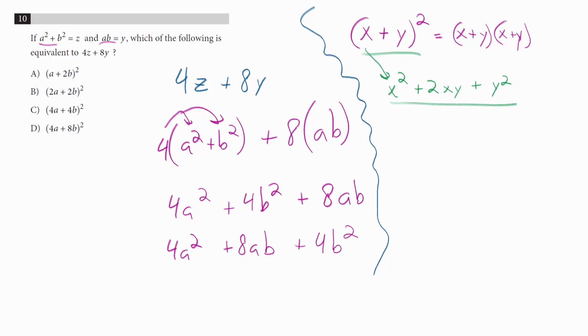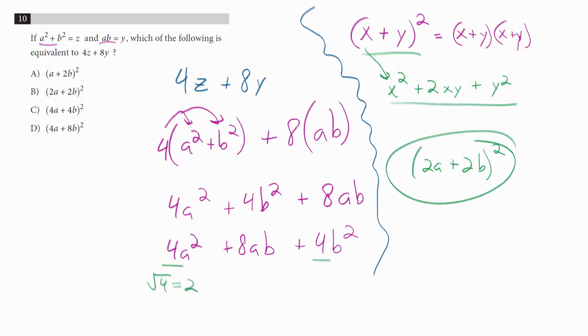So to go backwards to the condensed form, you'd end up having to take the square root of the coefficients of the first and the last term. And the square root of 4 equals 2. So the coefficient on a and b are both going to be 2. So this would mean that we have 2a plus 2b all squared, which means that option B is our answer.